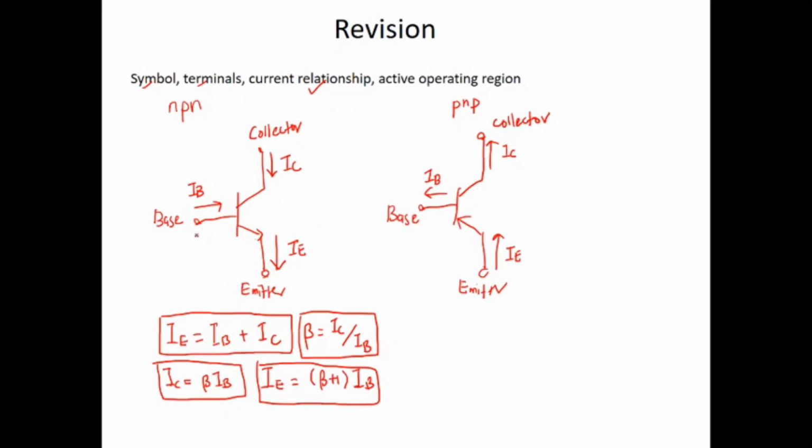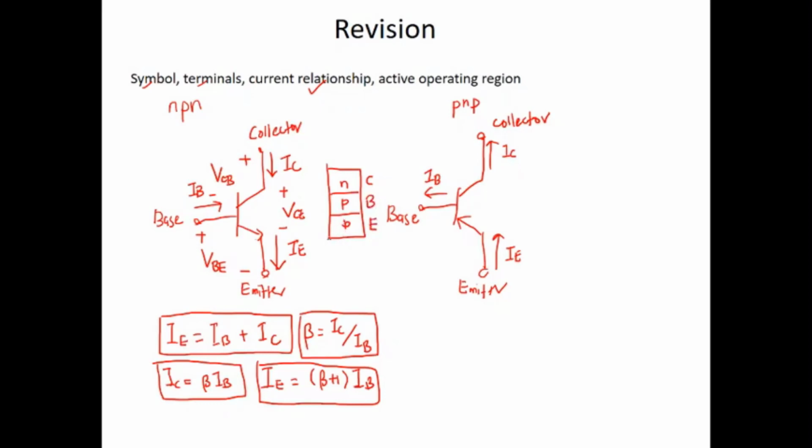From base to emitter, we have VBE, the voltage from base to emitter. Between collector and emitter, we have VCE, and between collector and base, we have VCB. If you draw the NPN structure, this one is the collector, base, and emitter.